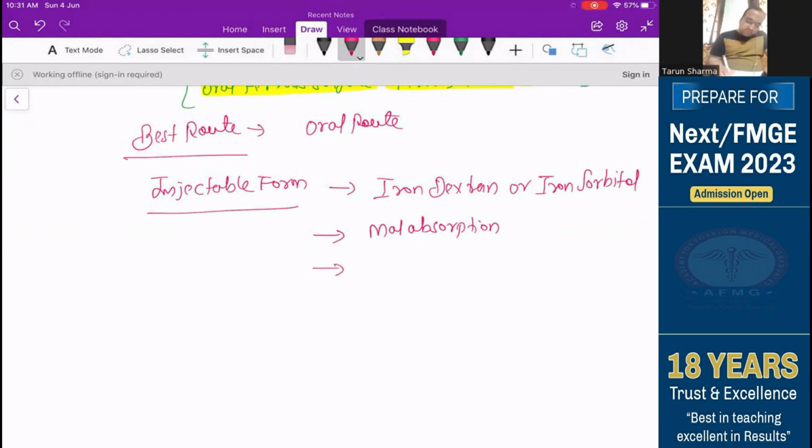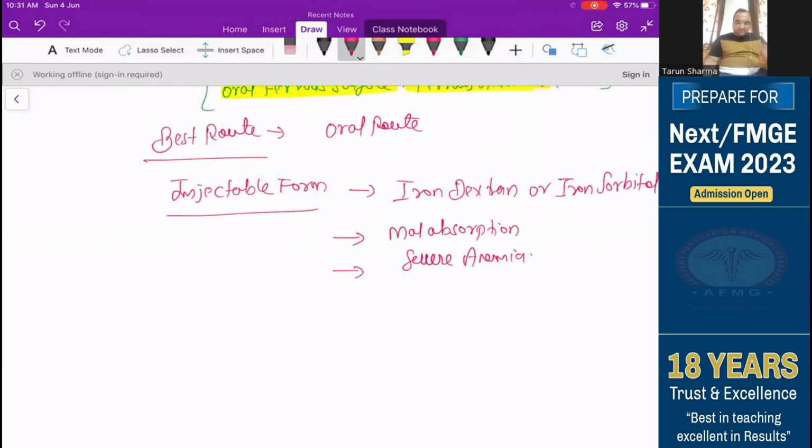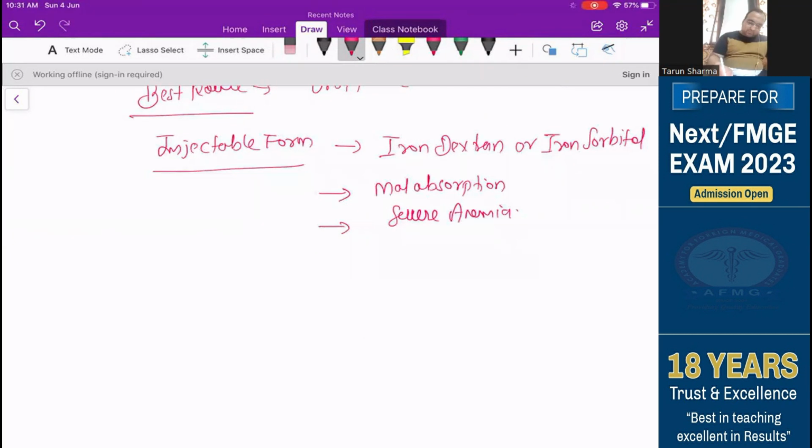Or if there is a severe anemia, then you have to give the injectables, to increase the serum iron levels rapidly. So whenever severe anemia or malabsorption is there, iron dextran or iron sorbitol injections have to be given.